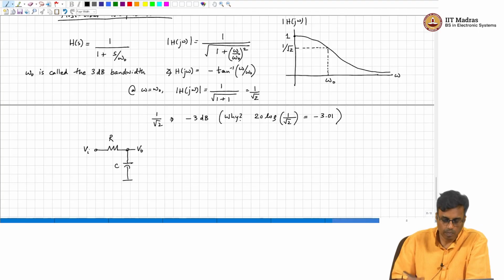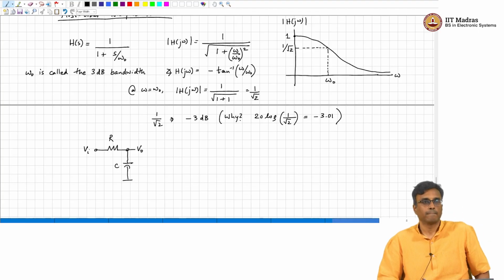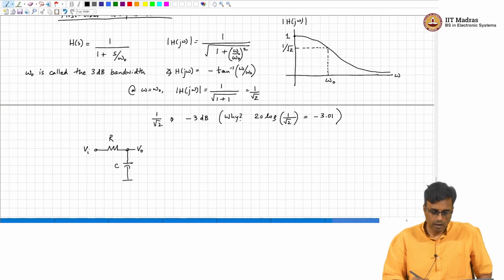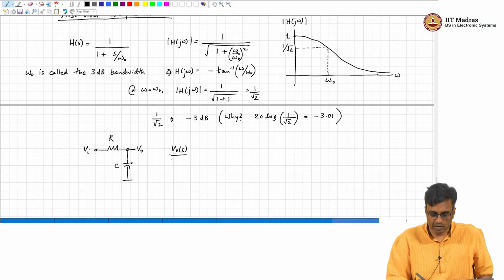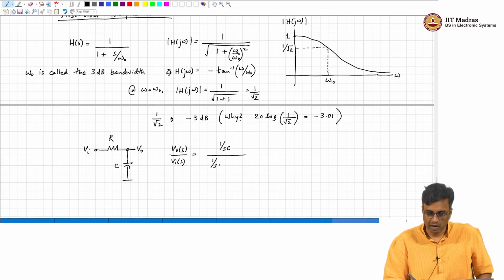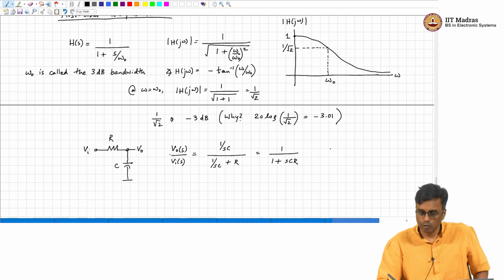This is VO, and VO of s by Vi of s, which is the transfer function, is given by 1 by sC over 1 by sC plus R, which is 1 over 1 plus sCR, and therefore omega naught, the 3 dB bandwidth, is 1 by RC radians per second.